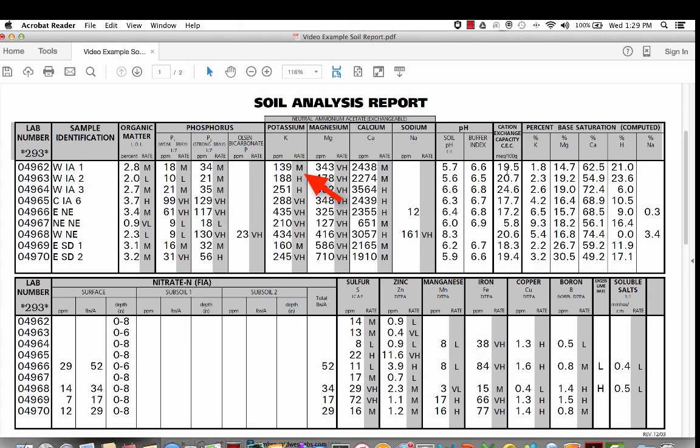So in both those cases, we're going to be making recommendations, and as we raise the part per million in the soil, we'll raise the base saturation. So both my base saturation of potassium and my part per million of potassium are calling for additional potassium to be applied to this soil. So really not much disagreement there.